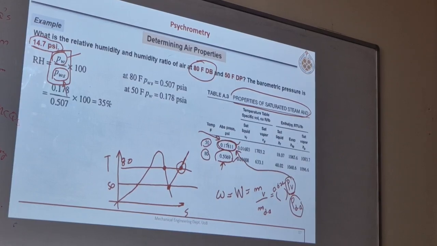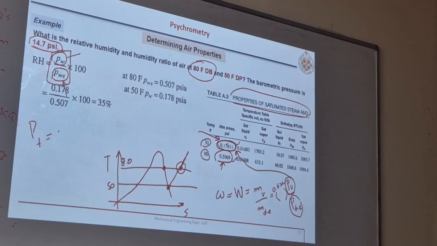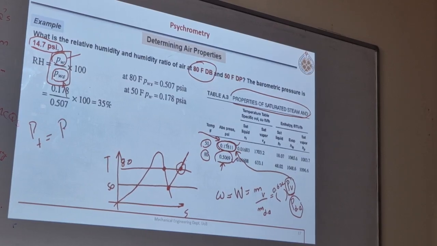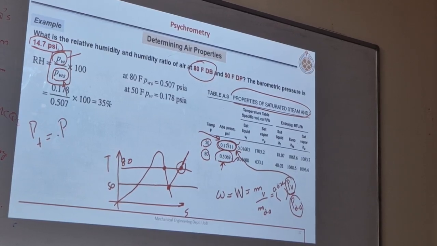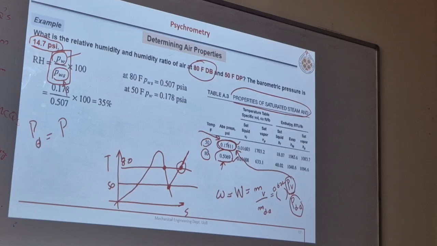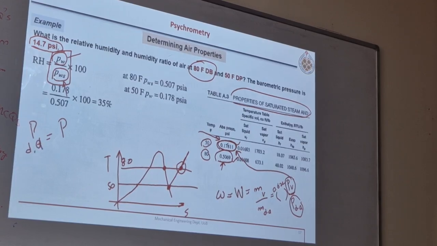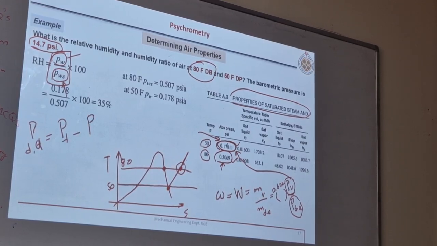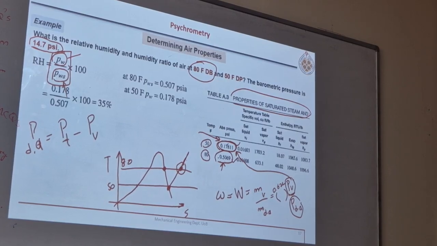Air. But that is total pressure. This one minus. So it means I want to find out P of dry air, which means P of total minus P of vapor. This one, 0.5. No, sorry, 0.17.